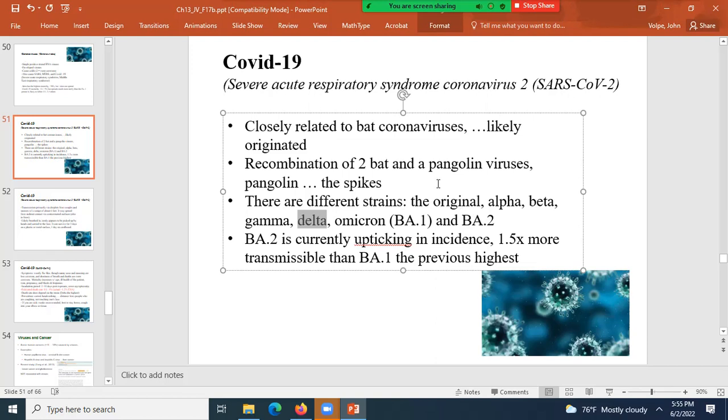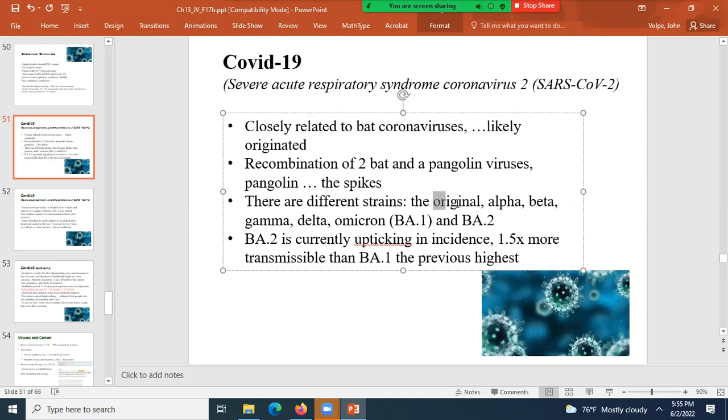And when you get infected by one, like if you were infected with the original or alpha, I think beta too, you are not protected against BA2. BA2 is different enough that if you got the original, you will have no protection from the original.